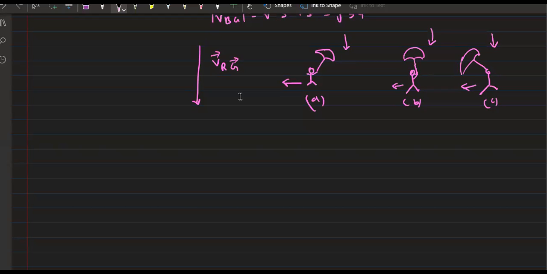This is the direction of rain with respect to ground. Now this vector over here is the velocity of man with respect to ground. Yes or no?